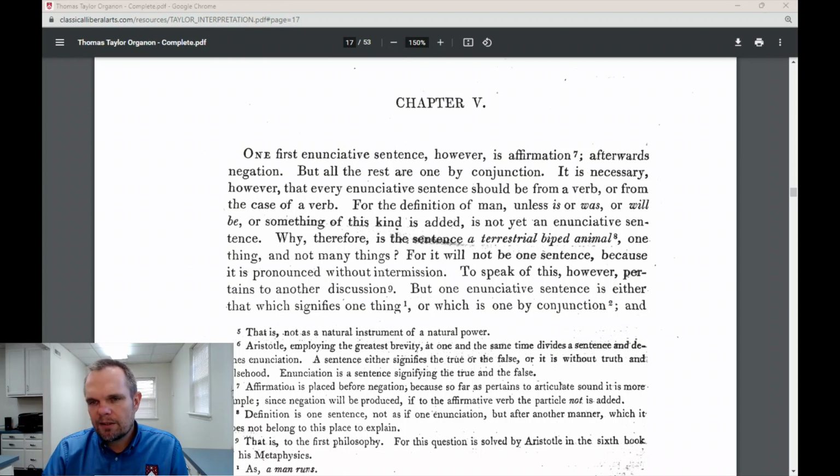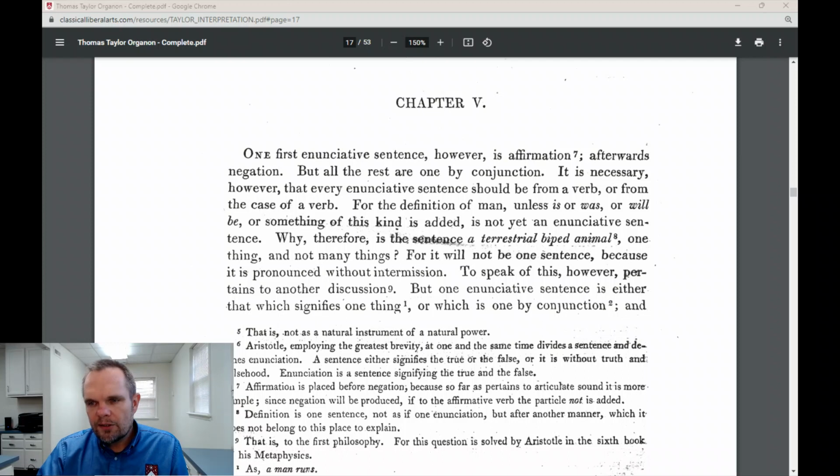What he said that's significant at the beginning of the chapter is it is necessary that every enunciative sentence should be from a verb or from the case or tense of a verb. All right, so let's continue.